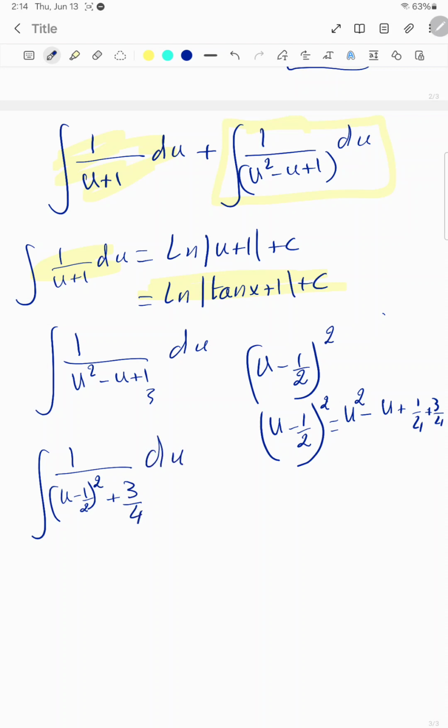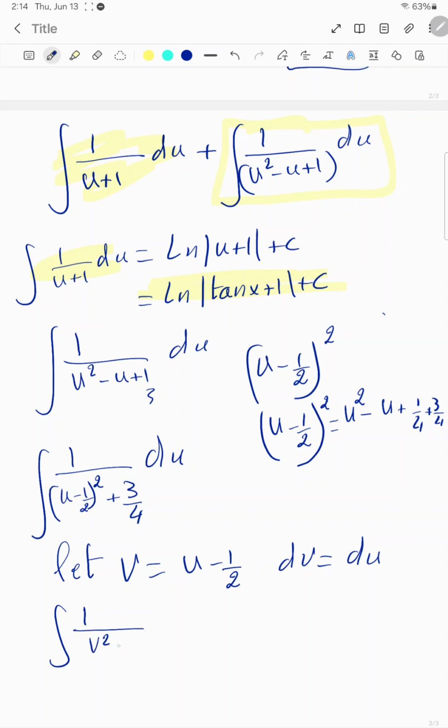So now I want to solve this. Here I say let v equal u minus 1/2. So dv is equal to du. So I will have here the integral of 1 divided by v squared plus 3 divided by 4 dv, because dv is equal to du.